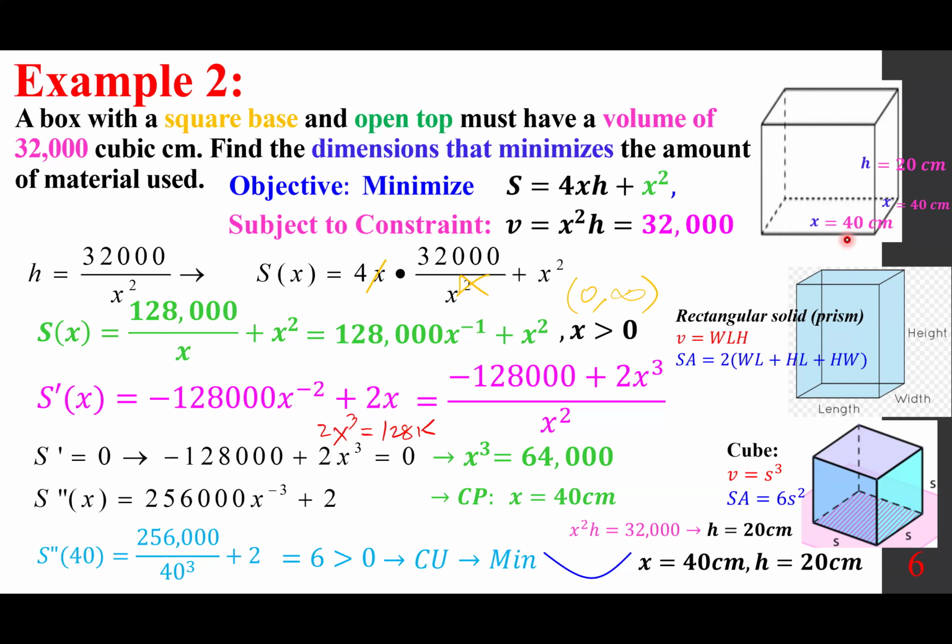Those are the dimensions. They didn't ask what is the minimum surface area. However, we can just evaluate it: 4 times x, 40, times h, 20, plus x, 40 squared. We get 4,800 centimeters squared, just in case.